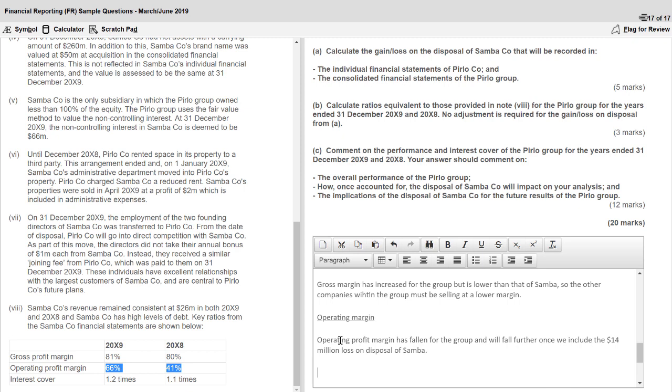Also, as well, we can look at Samba. So Samba's margin has increased due to the 2 million profit on the properties.